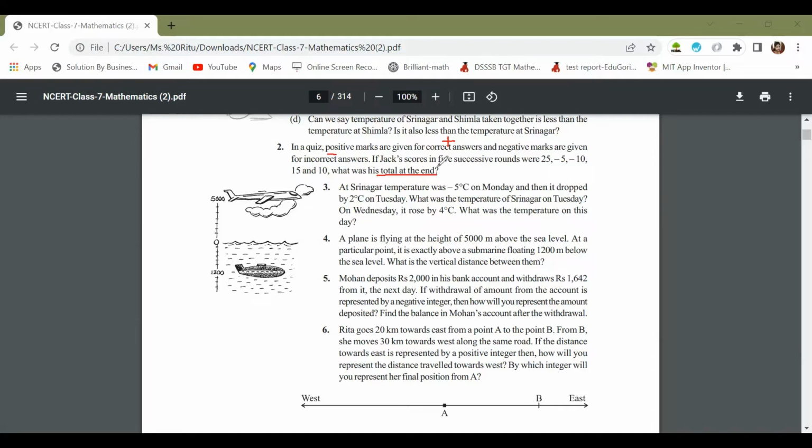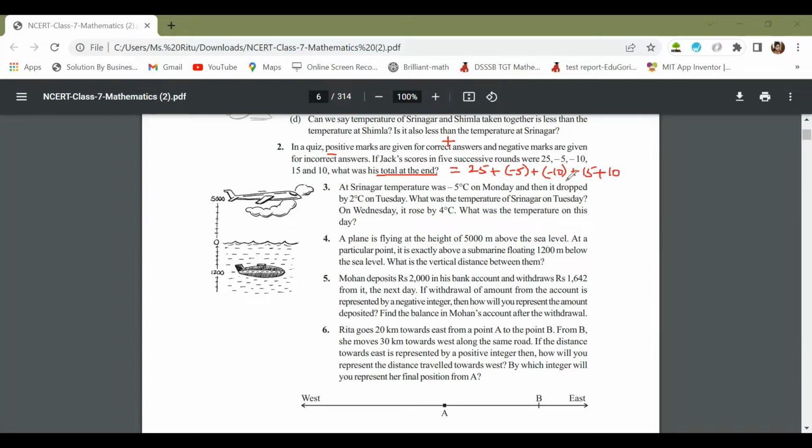So what you will write: Jack's scores in 5 successive rounds are 25, minus 5, minus 10, 15 and 10. Then you will write total of his scores. Total of his scores equals to, now you will add 25 plus minus 5 plus minus 10 plus 15 plus 10.